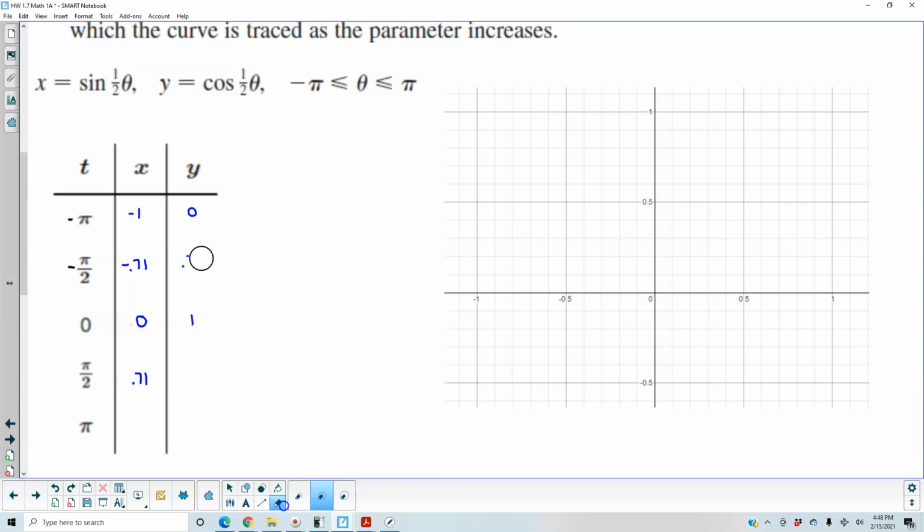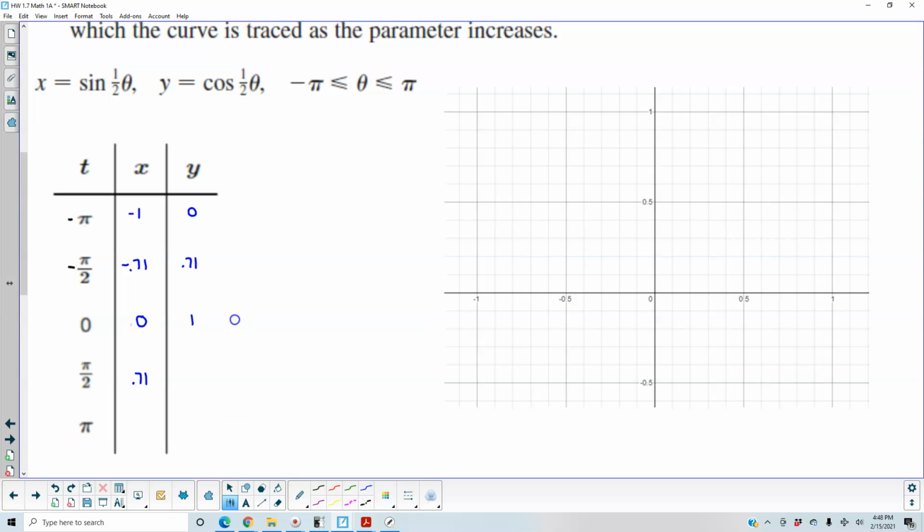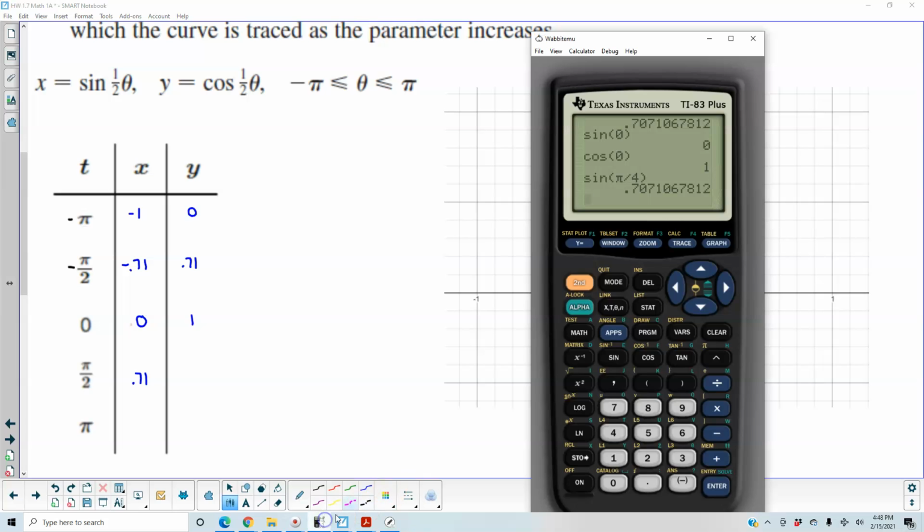And that should be 0.71 here. Make sure that's corrected. And then we're going to find the cosine of pi over 4, and that's going to give us also 0.71.